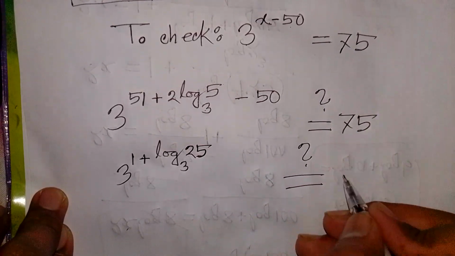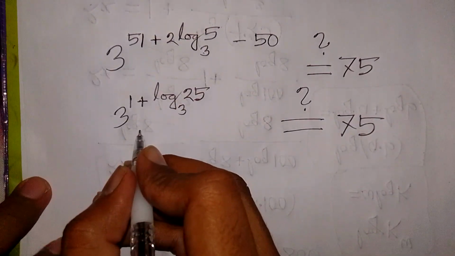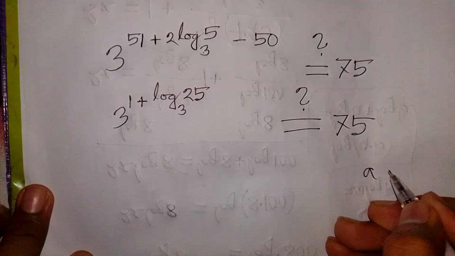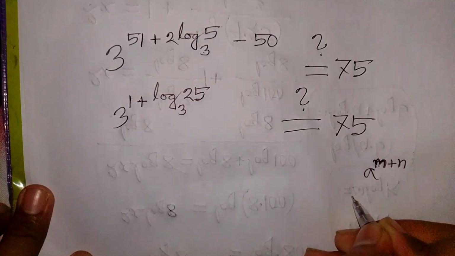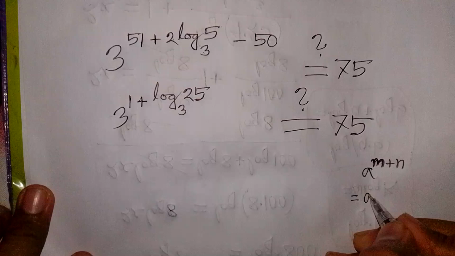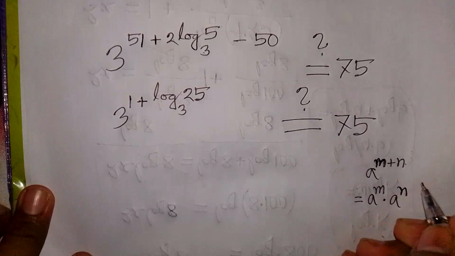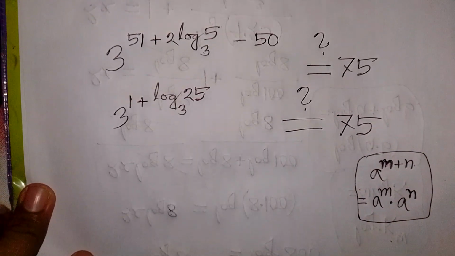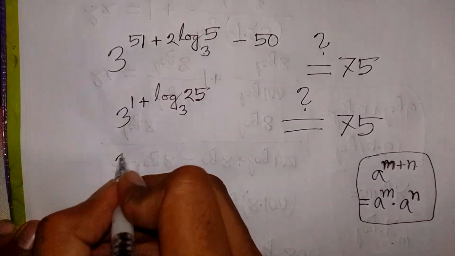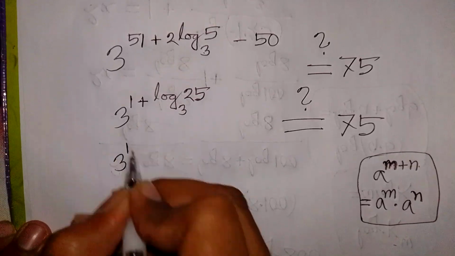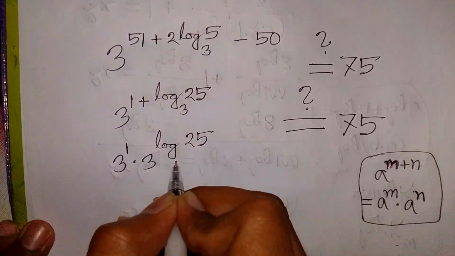Is it equal to 75? Now here we apply this exponential rule, that a power of m plus n is equal to a power m times a power n. So according to this formula, we can write here 3 power 1 times 3 power of log 25 base 3.